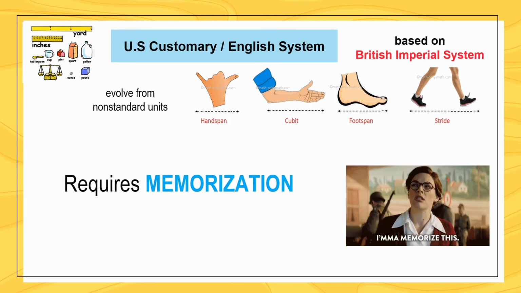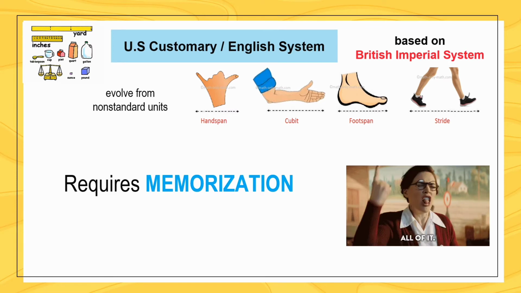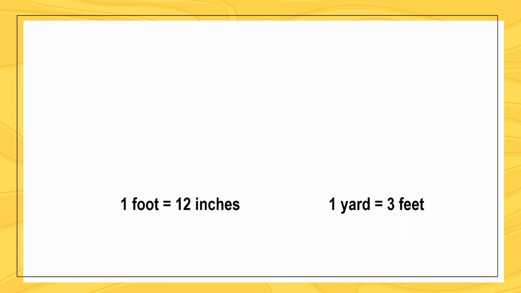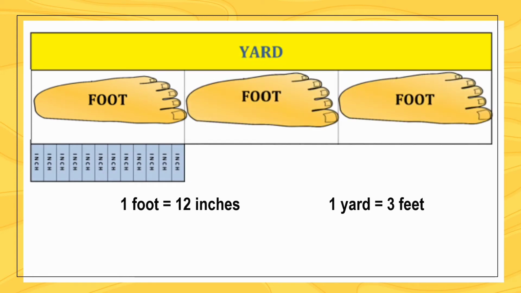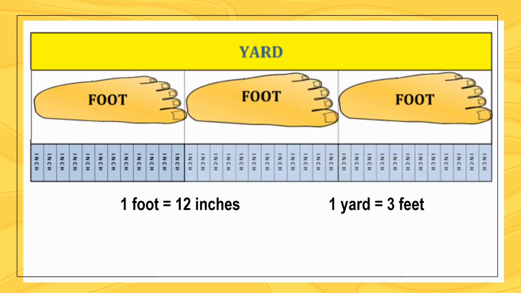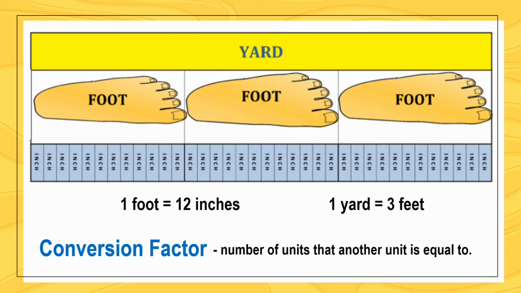Each unit has a separate name. For instance, 1 foot is equal to 12 inches, and 1 yard is equal to 3 feet. In order to convert from one unit to another, you need to know the conversion factor or the number of units that another unit is equal to.